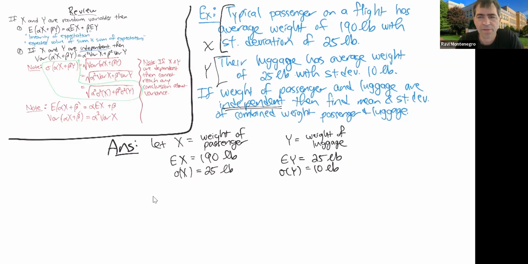And then we're looking for the weight of the passenger and luggage combined. So how do we write that in terms of these variables?